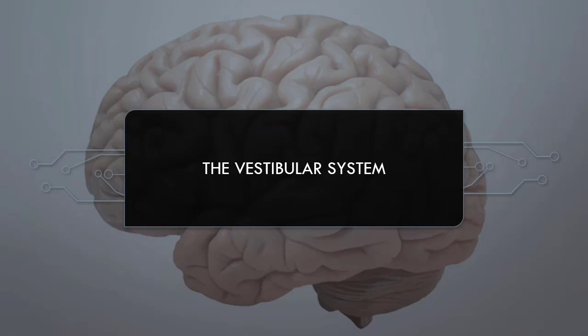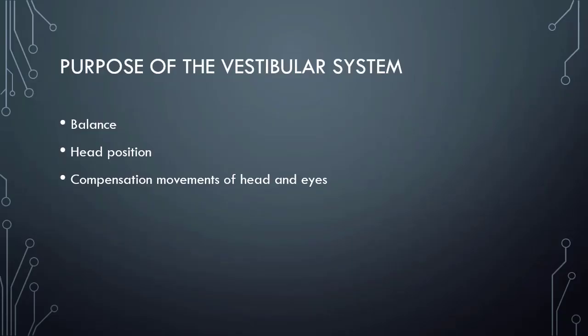So the last thing we're going to talk about, and only for a couple of slides here, really, is the vestibular system. The purpose of our vestibular system is to handle a lot of different computations that are related to position, especially for our head. So one of the things that we're able to do with this is keep our balance.